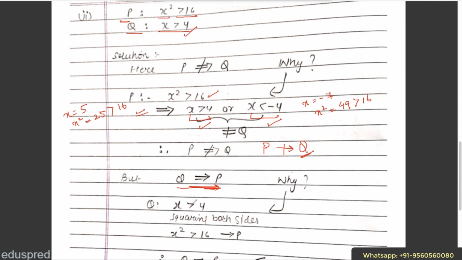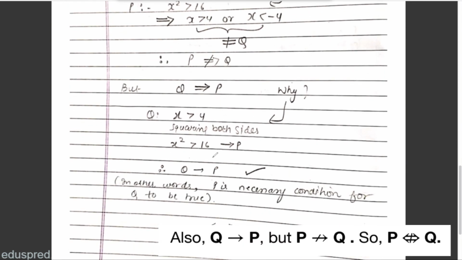But if x is greater than 4, if I square both sides, then I have x square is greater than 16, which is my statement P. So Q implies P. So in other words, P is a necessary statement for Q to be true, as Q cannot be true unless P is true, or Q is a sufficient condition for P. So if this is the case, then it has to be this.